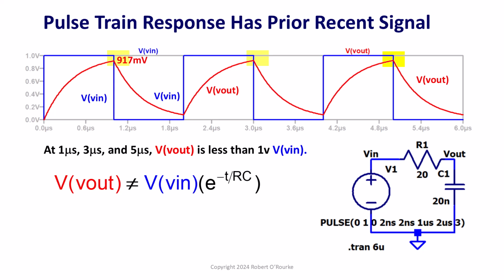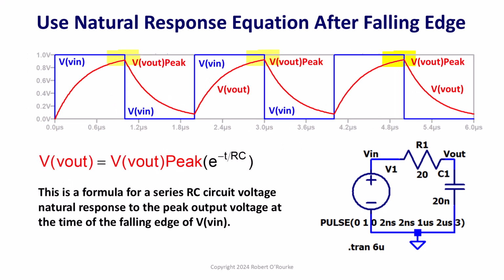We can't use VN in the natural response equation for this application, but we can use the value of the output voltage vout at the time of the falling edge as the initial condition term. Call the maximum value of the output voltage vout at 1, 3, and 5 microseconds vout peak.